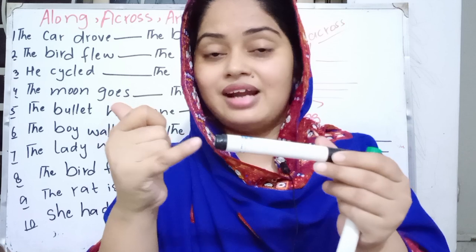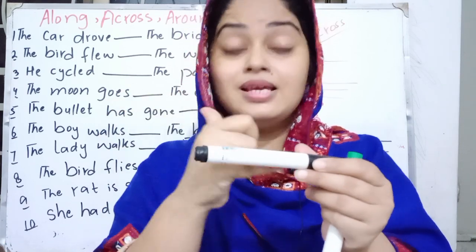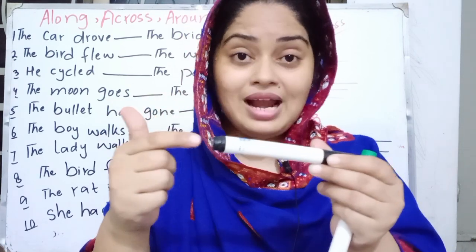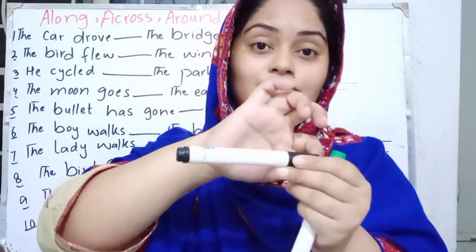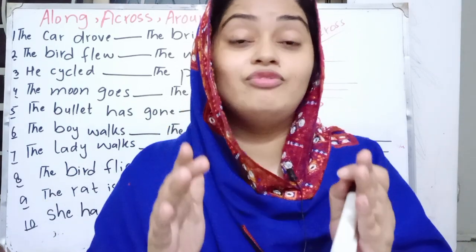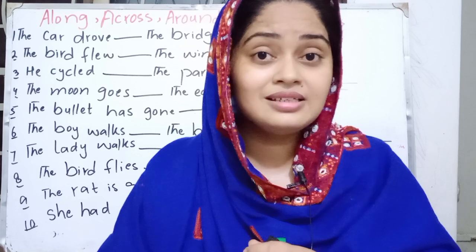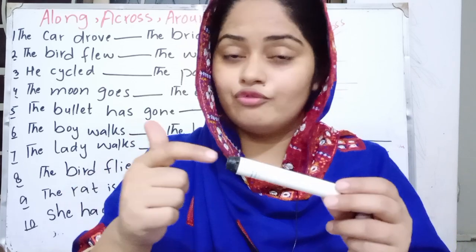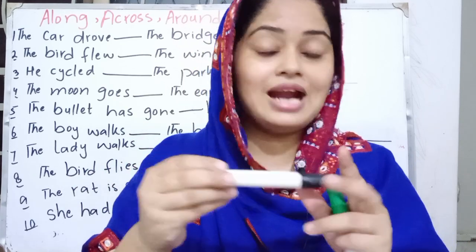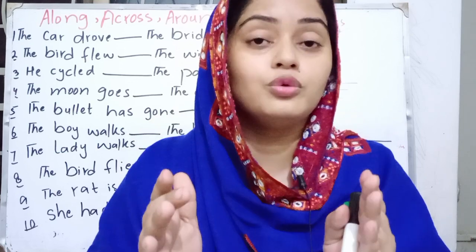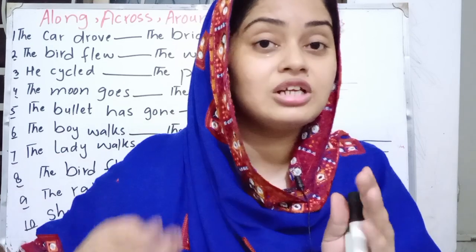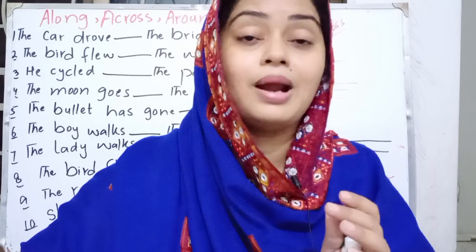It means the rat is passing from one end of this pipe to the other end of this pipe. So when something is moving from one end to the other end, that movement is called through movement. That preposition is called through preposition.